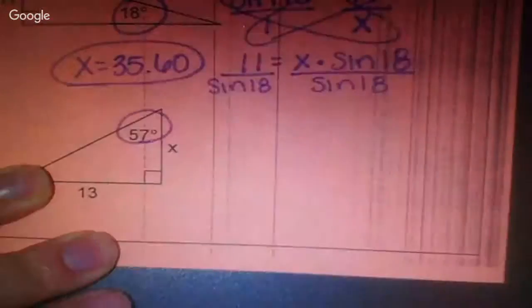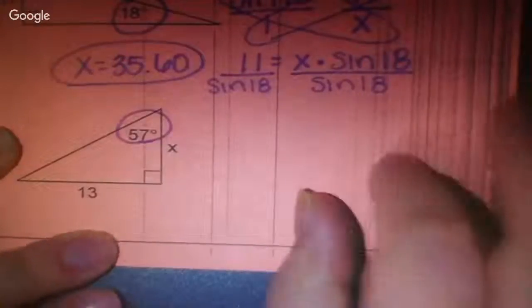What's my reference angle? 57. Okay. I heard we got an opposite. Which one's my opposite? 13, and X is adjacent. So it's TOA.